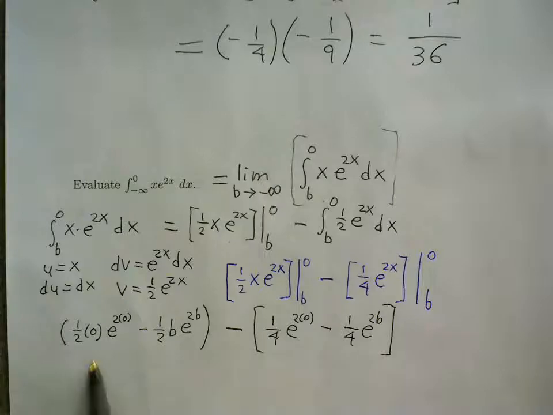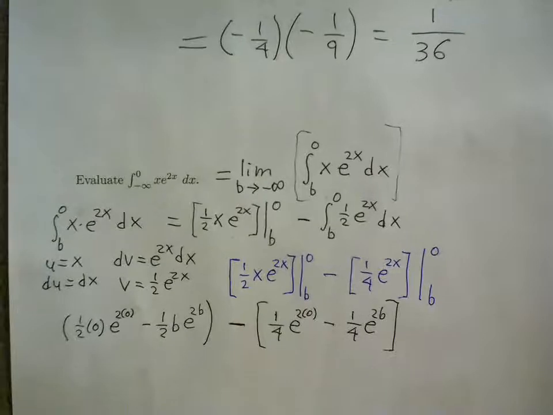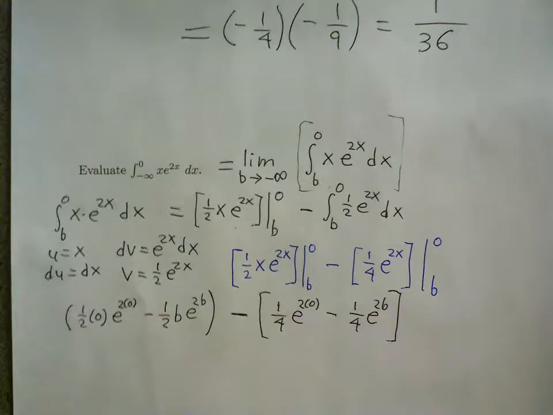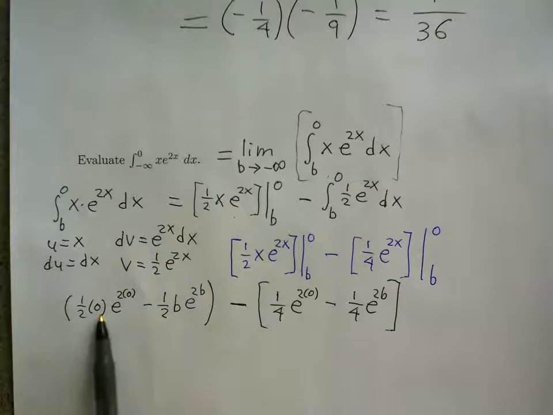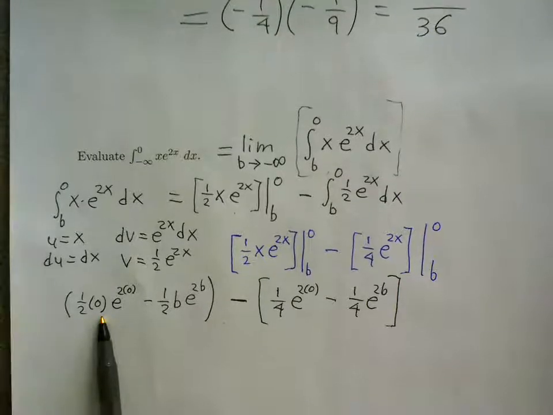Okay, then we're going to let b go to negative infinity by taking the limit. This term is 0, so we don't need to write it again.